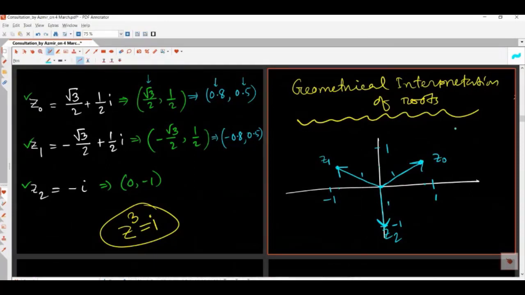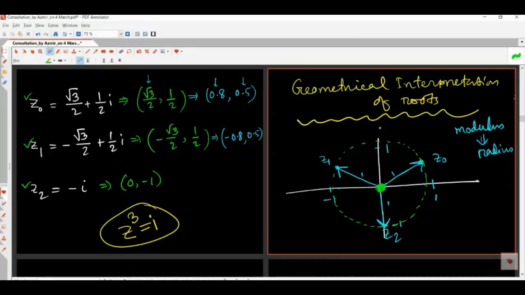This modulus is acting like a radius, because we can think about a circle with center (0, 0) and radius 1.